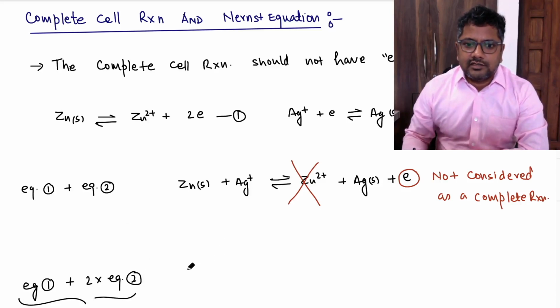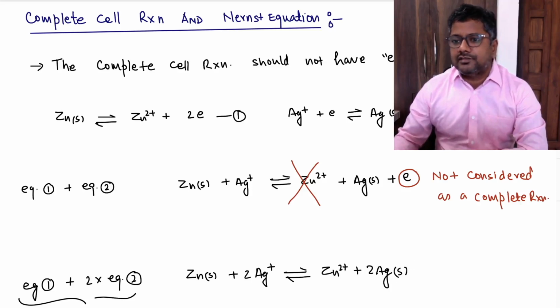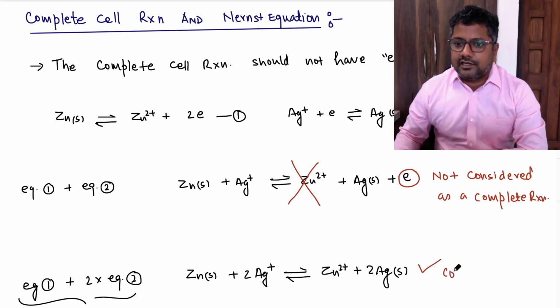So what is the equation now? Zn(s) plus 2Ag+ will give you Zn2+ plus 2Ag solid. Now this is a complete cell reaction.